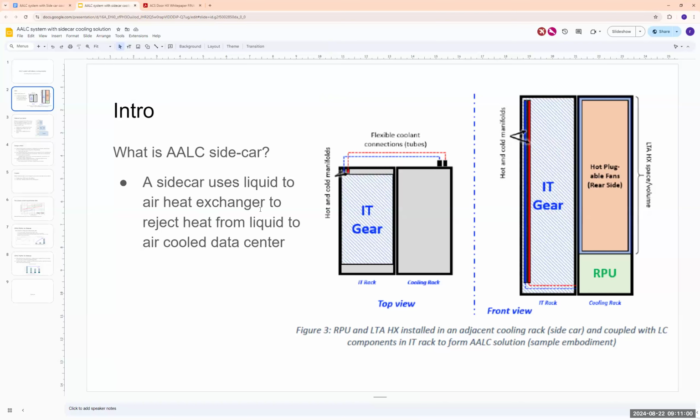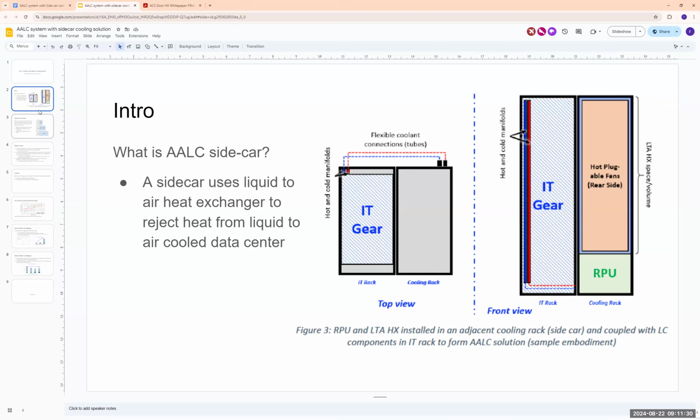Okay, so I'm not sure how many slides is a requirement. Maybe someone can help me with that: is there a restriction on the slides or not? For now, this is the content I have: an introduction of the AALC. So what is an AALC sidecar?